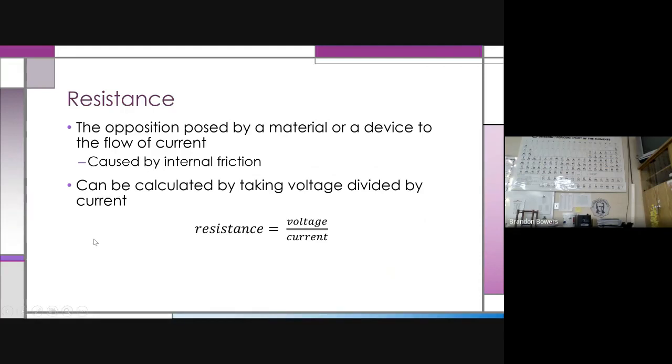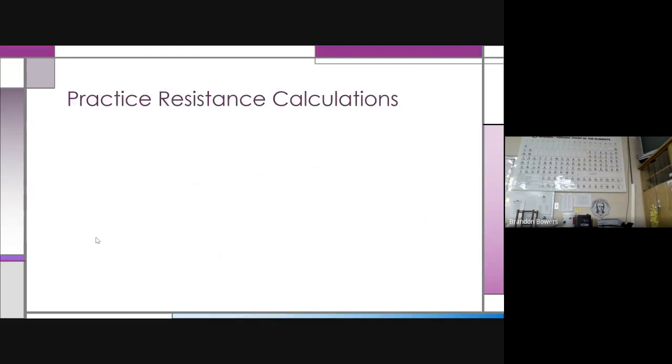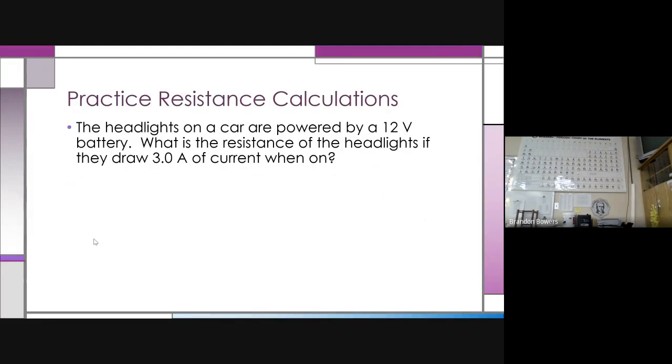So resistance. Let's try one out. Let's just try practice. The headlights of a car are powered by a 12-volt battery.